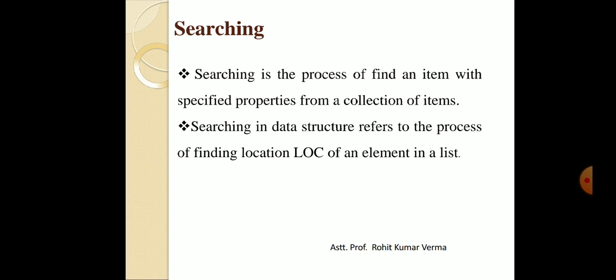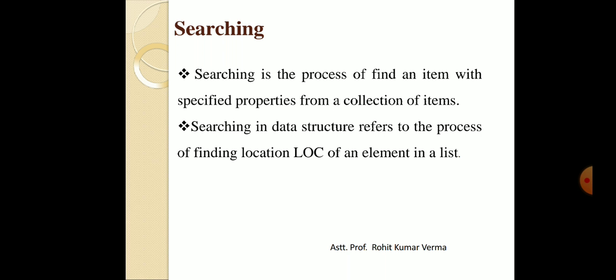If that name is available in the index, then you can say our search is successful. Otherwise, if that name of chapter is not available in the index of the book, then you can say our search is unsuccessful. So basically, what is searching? Searching is the process where we are finding an item on the basis of some specified properties.